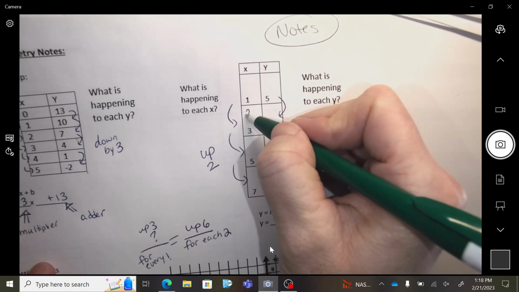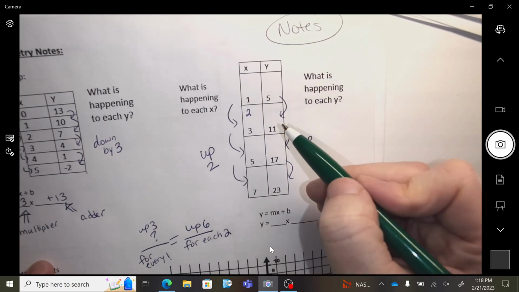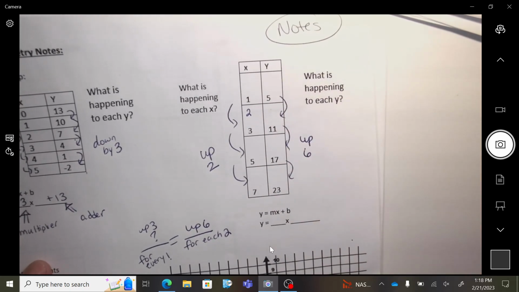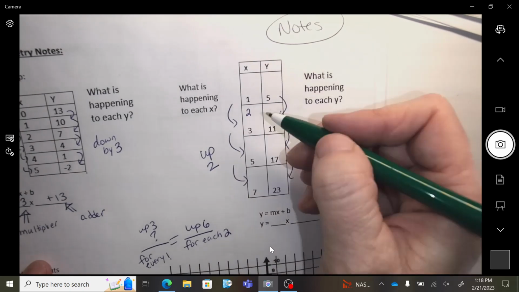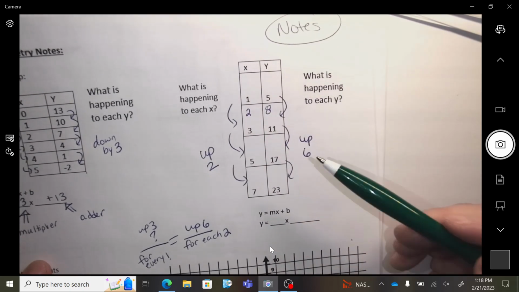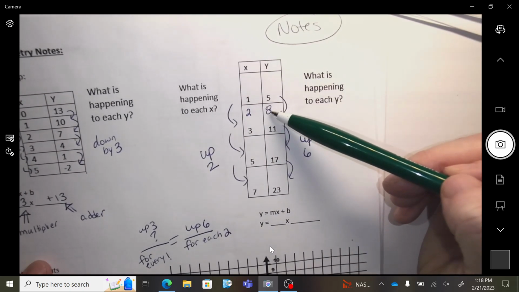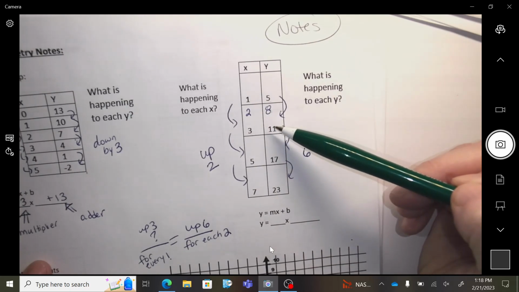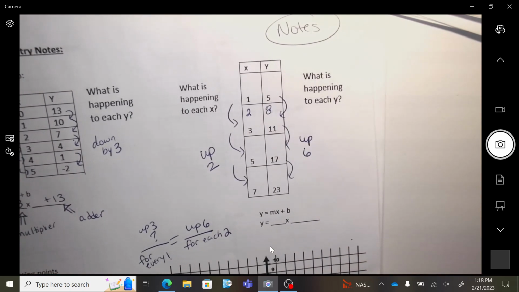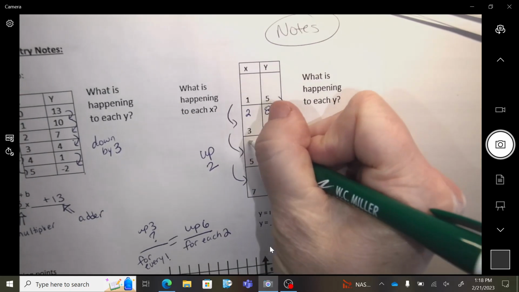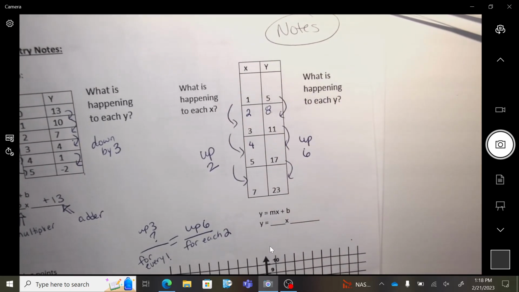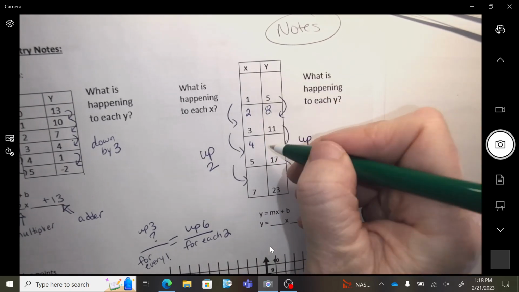I'm going to insert a 2 there. What would you put in the y spot then? 8. 5, up 3 to 8, up 3 to 11. See how I added the missing interval? So what would you put for the interval here when it went to a 4? 14.